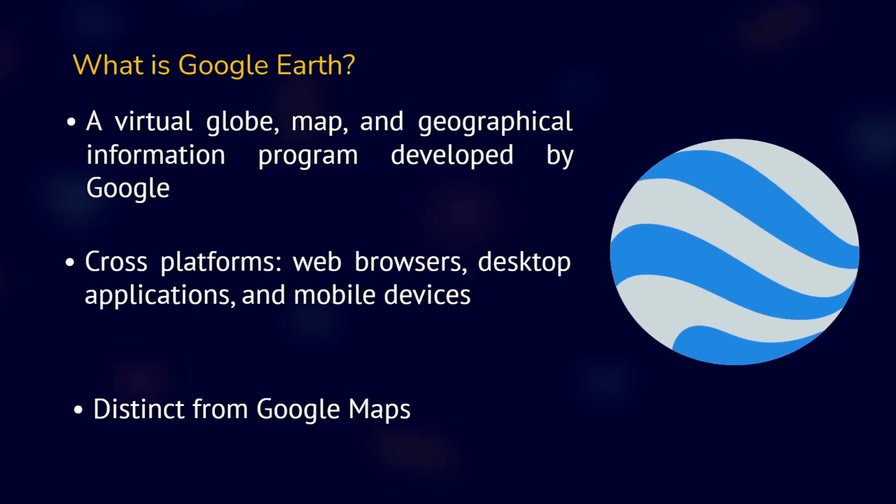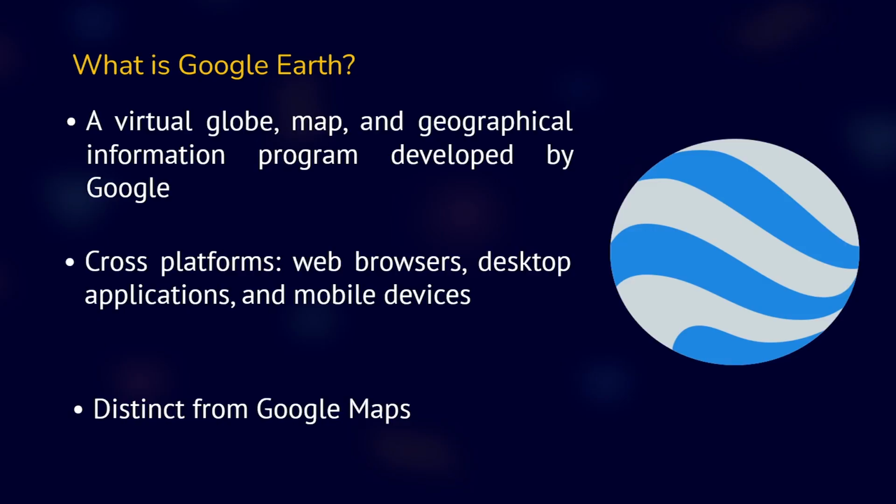So what is Google Earth? We all have used Google Maps, whether to see locations, search for our home place, or look at our dream destinations, correct? Google Earth is similar, but it is a completely different software, in which we can do more in-depth geographical analysis.